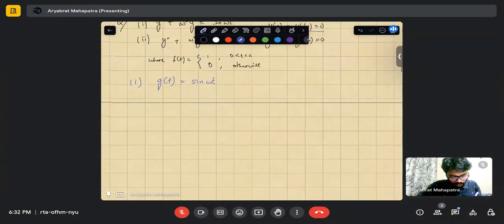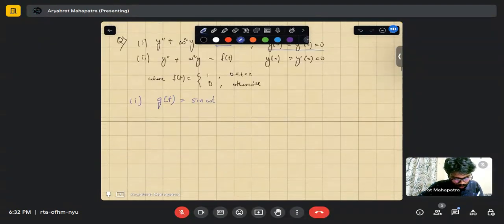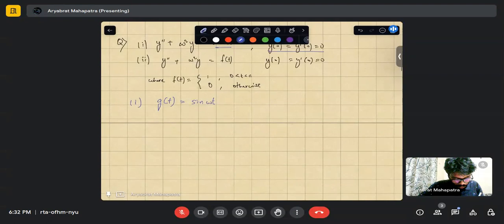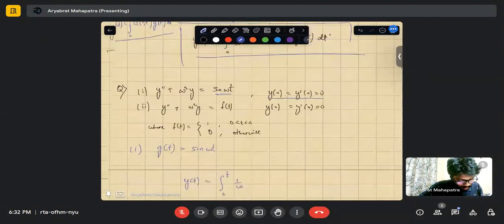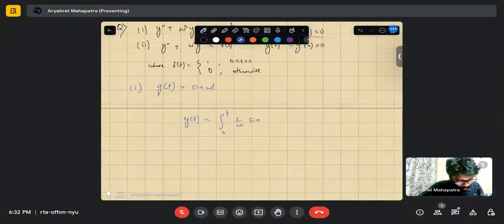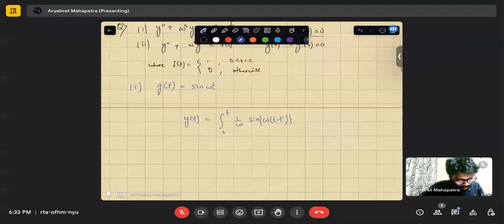So in that case, just use the final form, because that is the only thing that is changing right here to get your solution. Your solution would be y of t equals the integral from 0 to t of the Green's function, sine omega (t minus t prime) over omega, multiplied with your g of t.